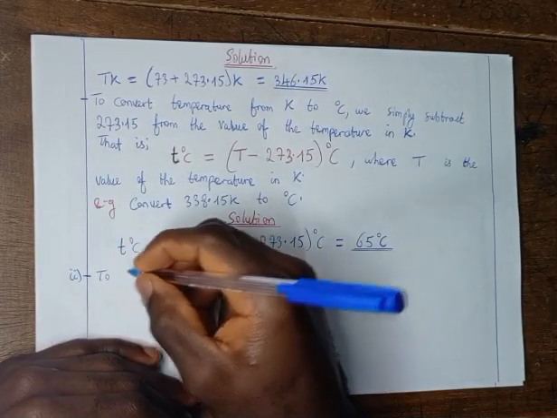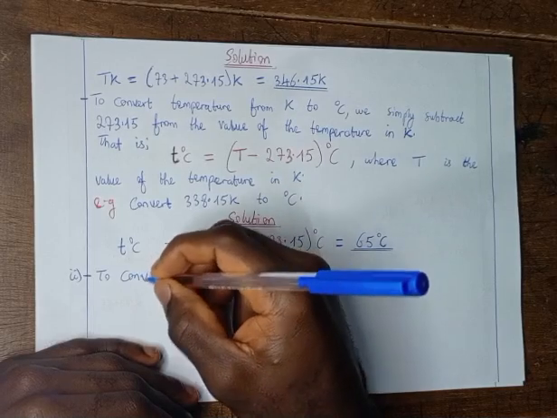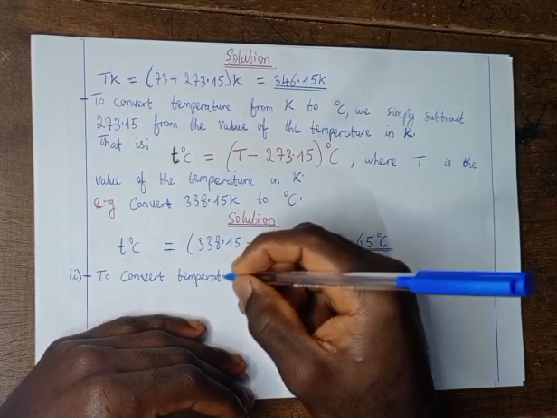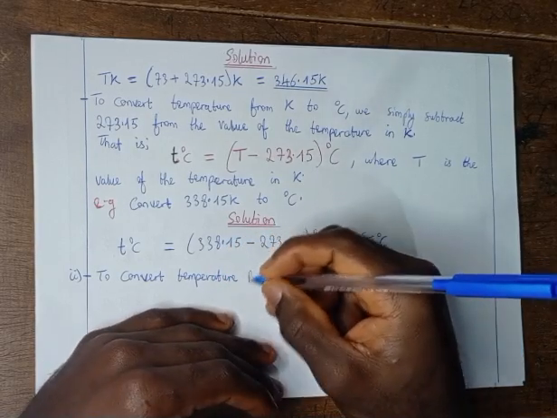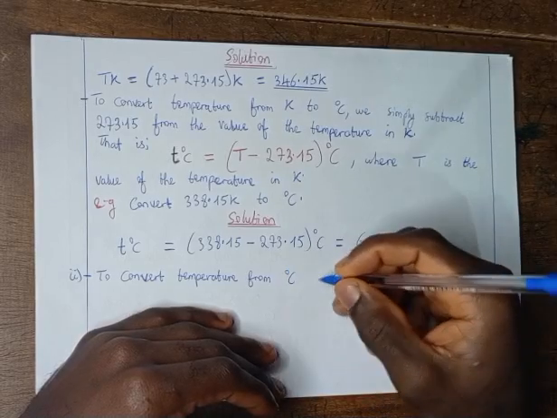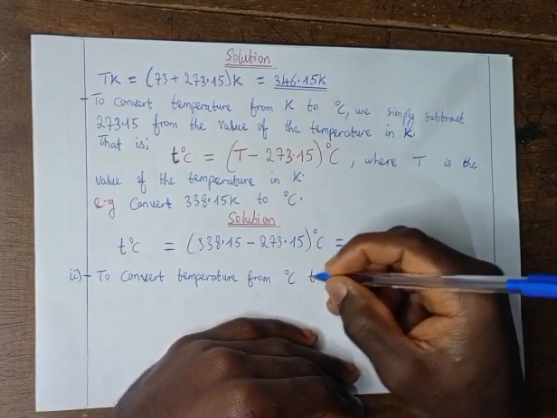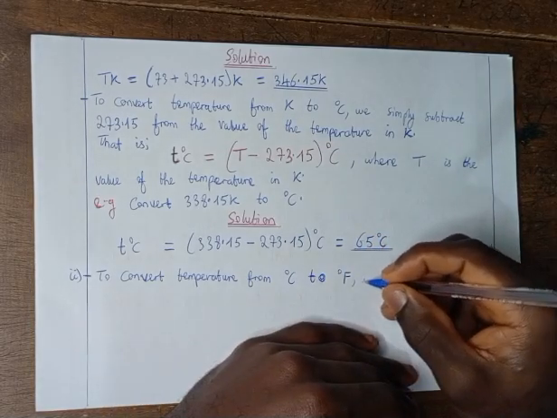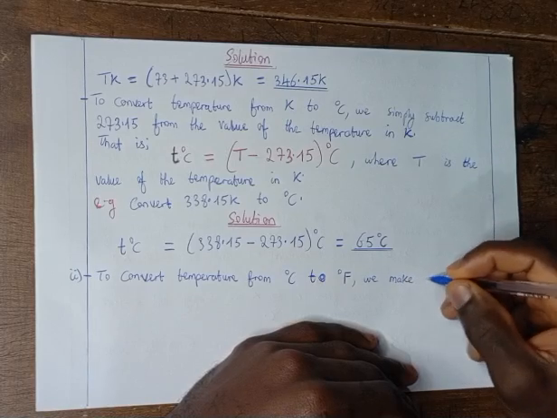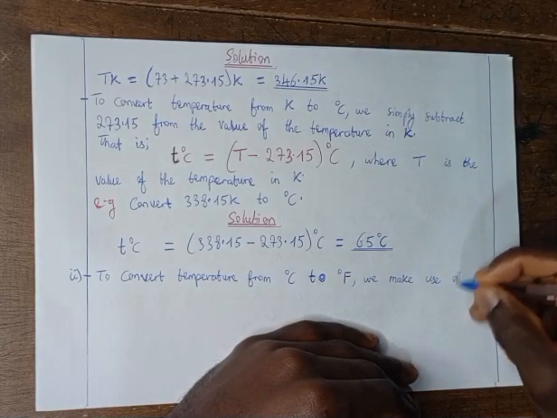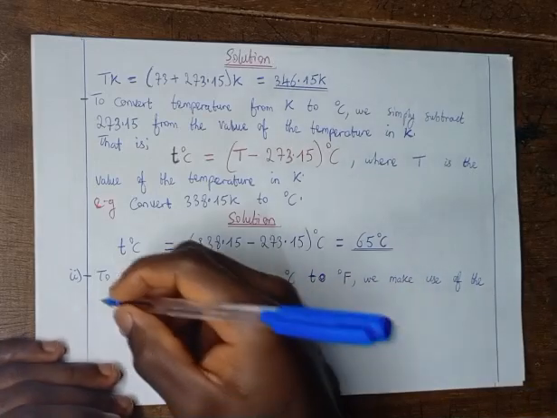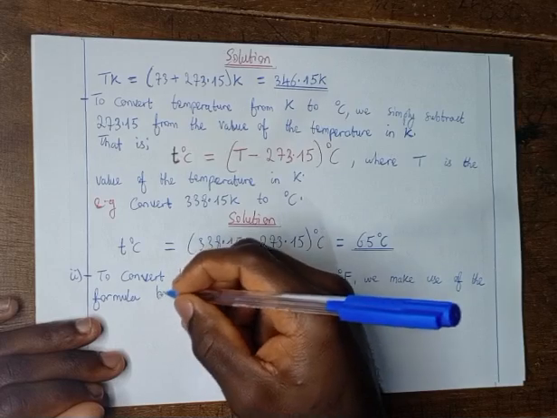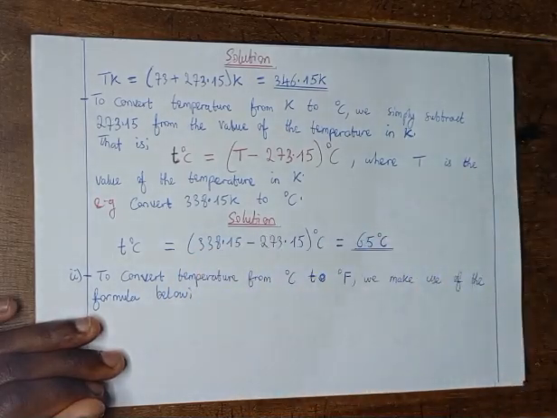To convert temperature from degrees Celsius to degree Fahrenheit, we make use of the formula below. I'll write down the formula with a red pen.